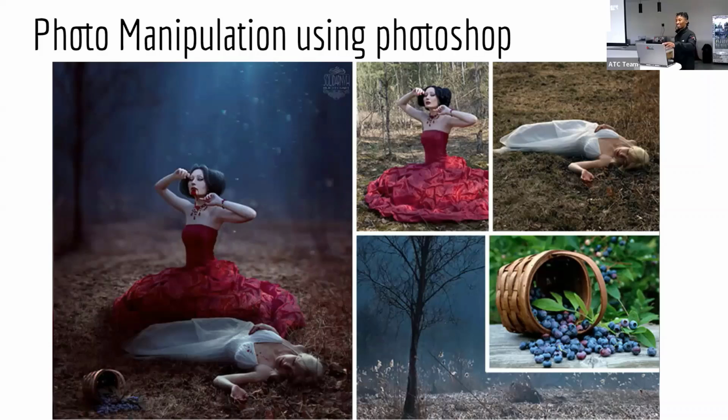I forgot to mention that photo manipulation still exists today in programs such as Photoshop. What you can see here is that the image on the left is made up from the four images on the right, layered together to create this one wonderful image.